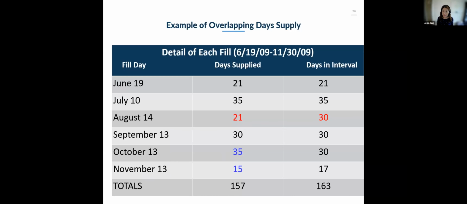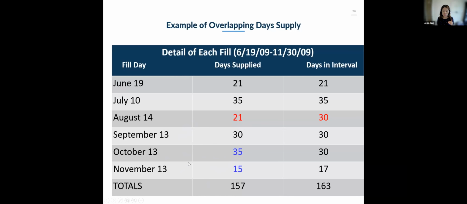So what happens here is that you're going to simply sum up the days' supply. Then during your calculation, these 5 pills that are left over from October were filled in here during the gap in early September. So in early September, the beneficiary clearly didn't have any medication.